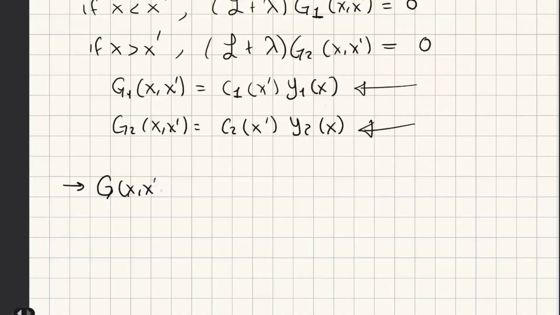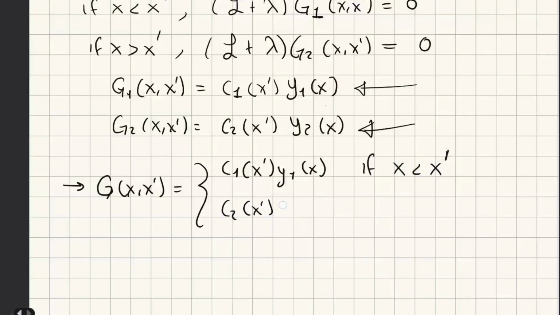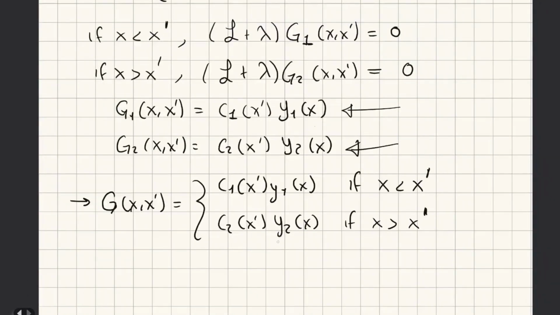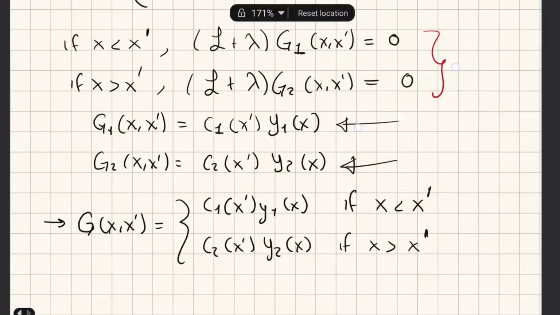G of x comma x prime is equal to c1 of x prime y1 of x if x is less than x prime, and c2 of x prime y2 of x if x is greater than x prime. Perfect. And noticing that these y1 and y2 come from these two equations that we have here that are very, very similar to the Sturm-Liouville homogeneous differential equation.